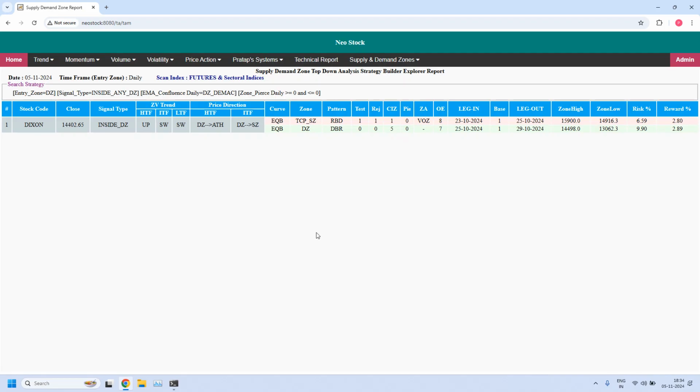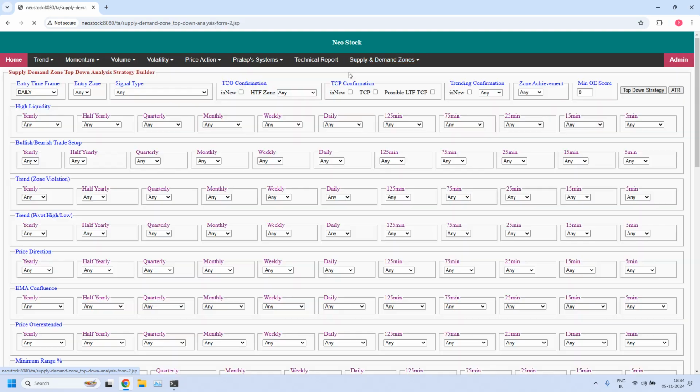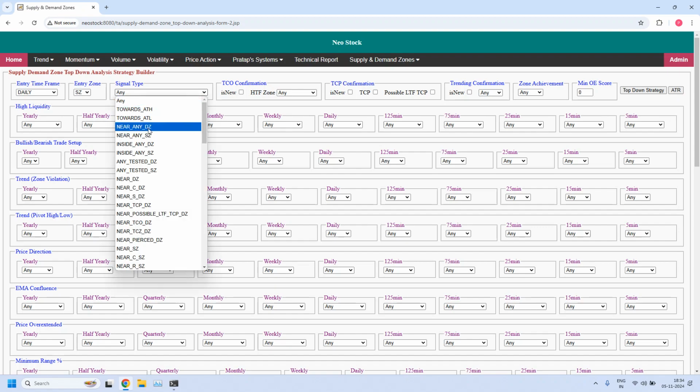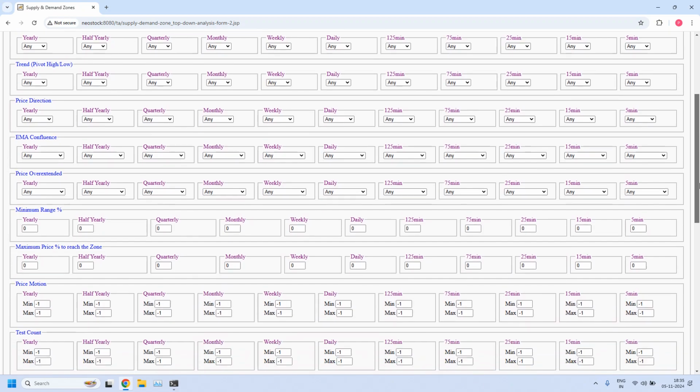Okay, next for a daily time frame, supply zones. Let us find the stocks where price closed inside daily supply zone, and this daily supply zone should not be pierced.